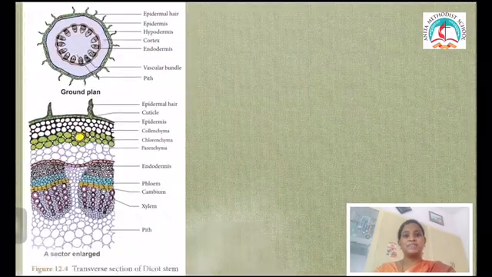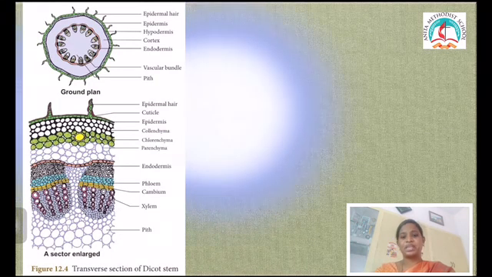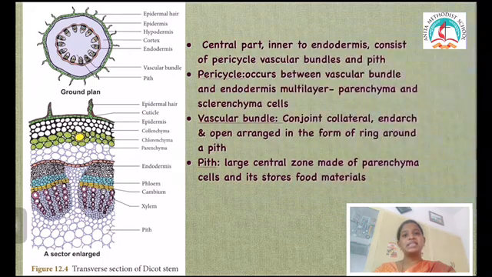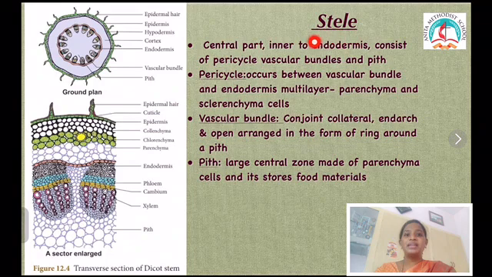The next structure is stele. Stele is the central part inner to endodermis and it consists of pericycle, vascular bundle and pith.